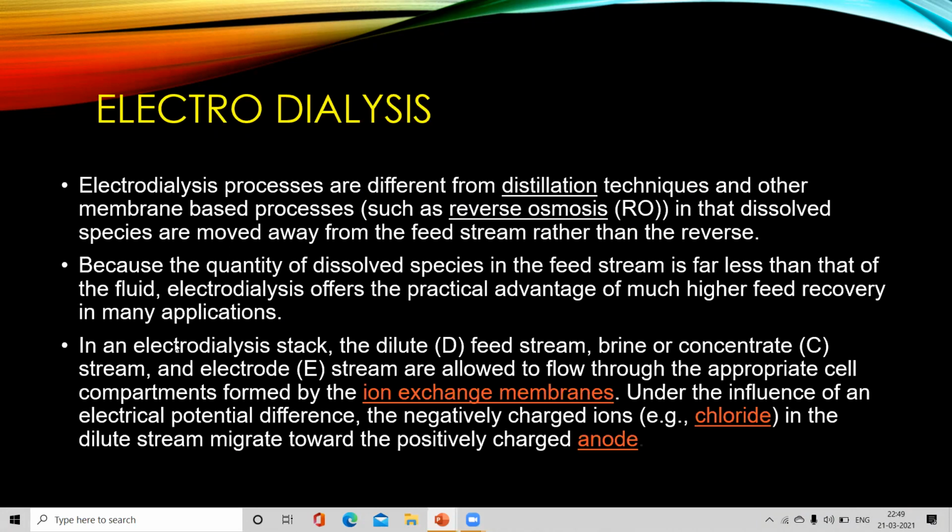In an electrodialysis stack, the dilute feed stream, brine or concentrate stream, and electrode stream are allowed to flow through the appropriate cell compartments formed by the ion exchange membranes under the influence of an electrical potential difference.